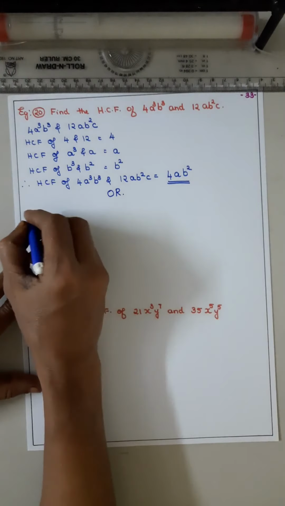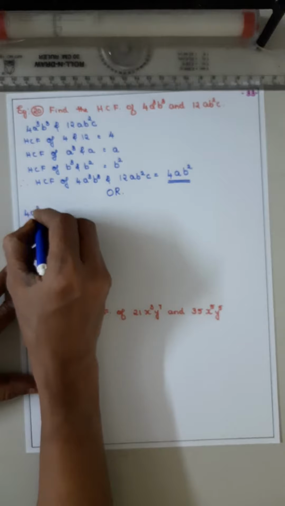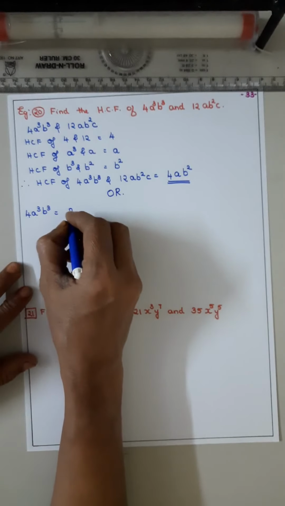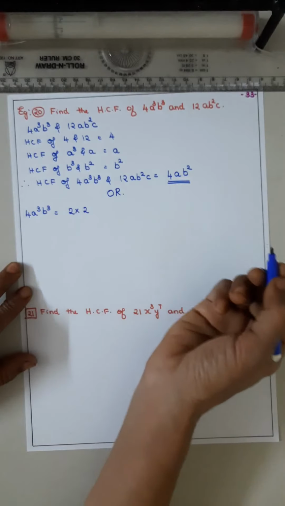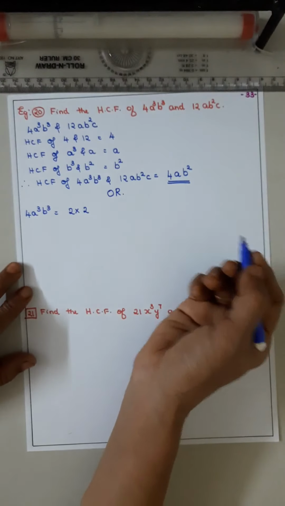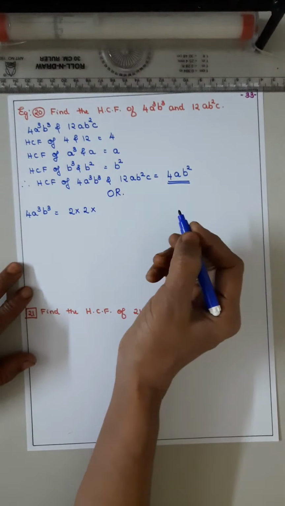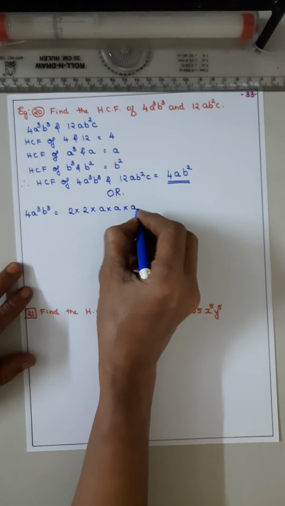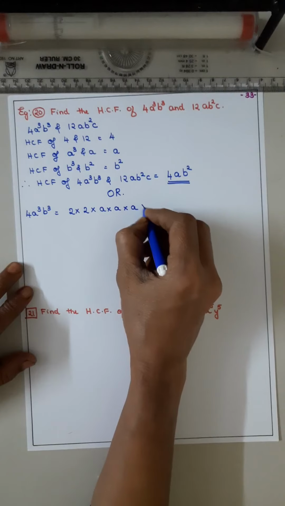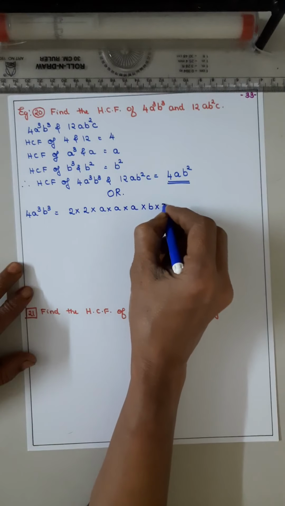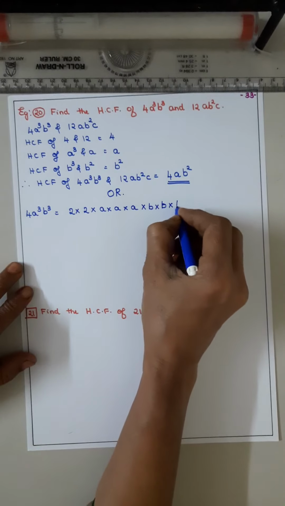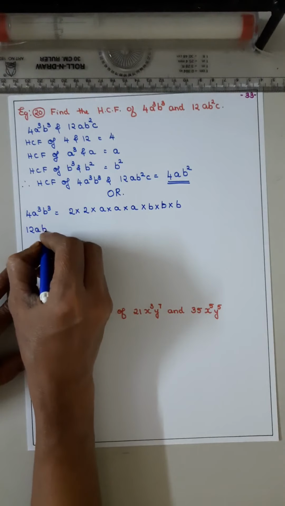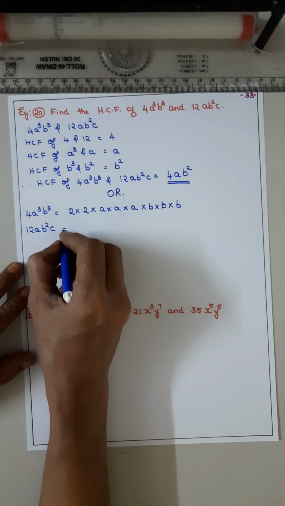चलो और दूसरा मेथड है. 4a cube b cube can be written as 2 into 2, 4 can be written as 2 twos are 4, prime factorization. Okay. a 3 times, that is a cube, then b cube, b 3 times. Now 12ab squared c.